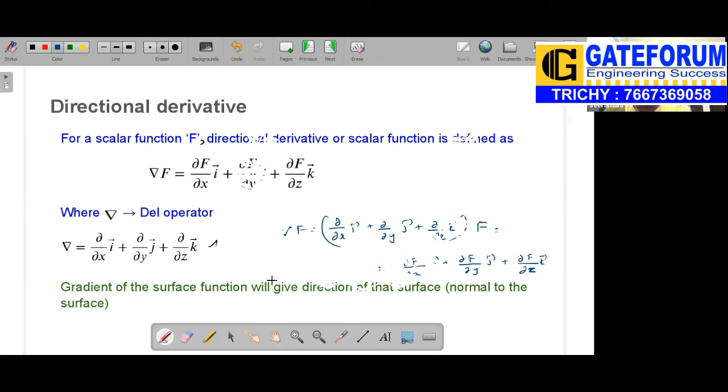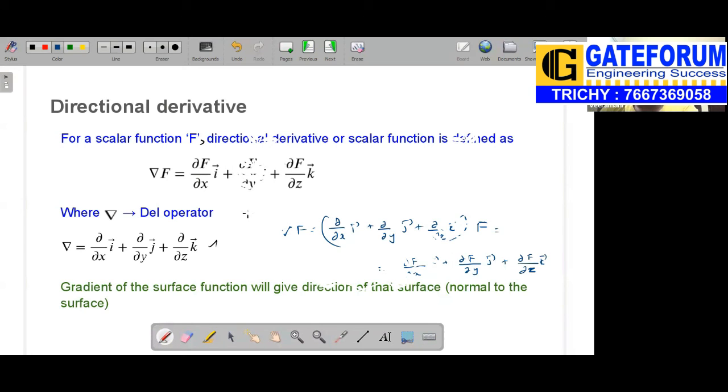Okay fine. I explained it so that you understand. Now suppose the function f is a surface function. If f is a function representing a surface, and you take the directional derivative of that function, it will usually give a direction of the surface.